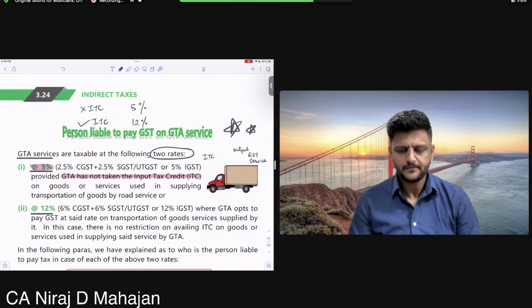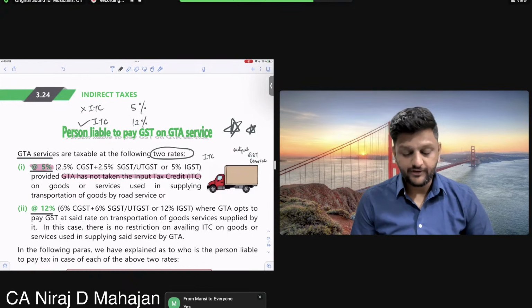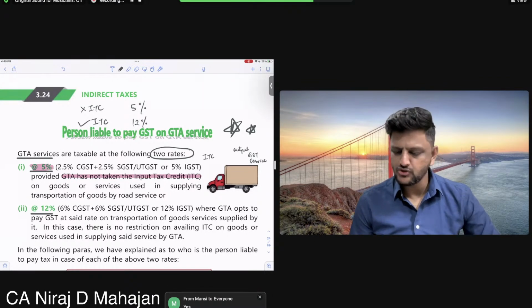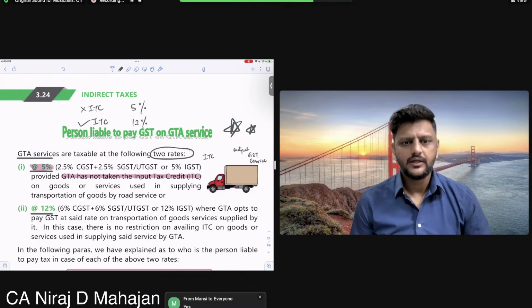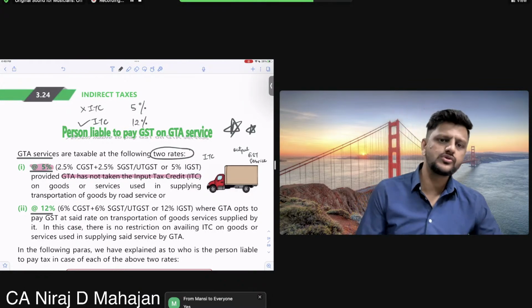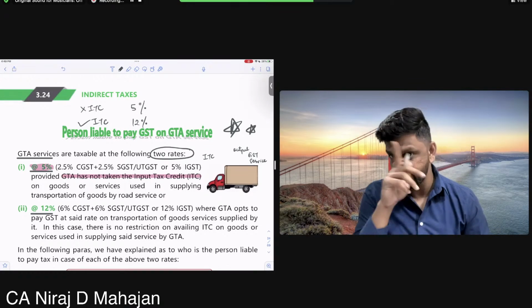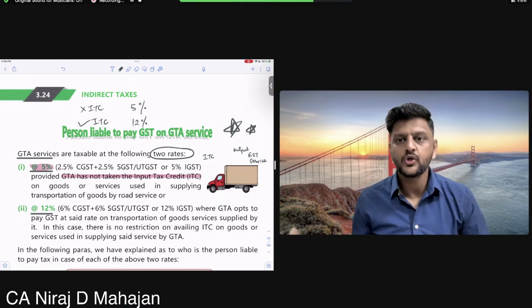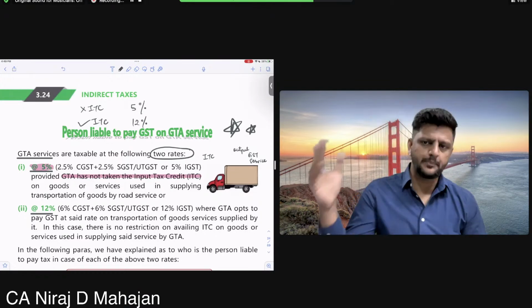Yes or no? So at 5%, provided GTA has not taken ITC on the goods or services used in supplying. Goods or services used in supplying. Goods means what? Fuel is also goods, but he can't take ITC. Goods: tire, oil. He has used them. Services: repairing.